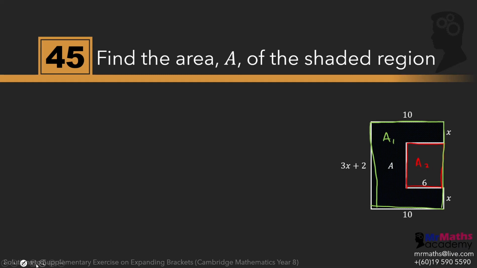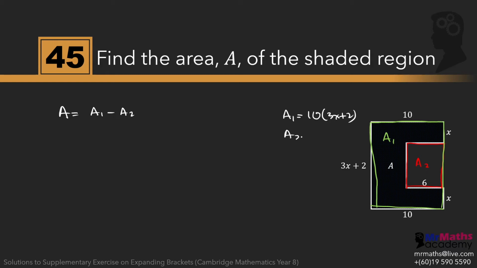So like the previous question, the area A is A1 minus A2. So what is the expression for A1? I'll put it here. A1 is equal to the width times length, which is 10 times 3x plus 2.